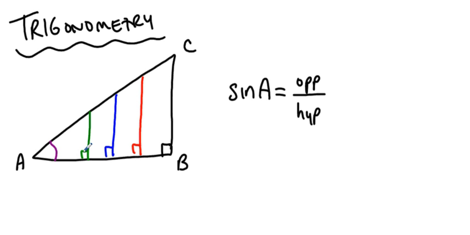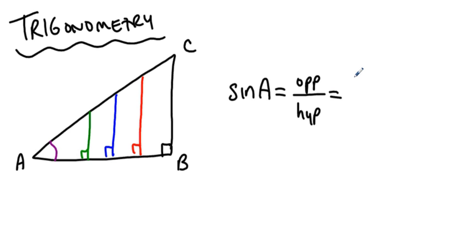Because the corresponding sides of similar triangles are in proportion, this side to that one is going to be the same as this side to that one, is going to be the same as this side to that one, is going to be the same as this side to that one. So the sine ratio holds regardless of the size of the triangle because they are similar right triangles. So sine is defined as the length of the so-called opposite side to the so-called hypotenuse.